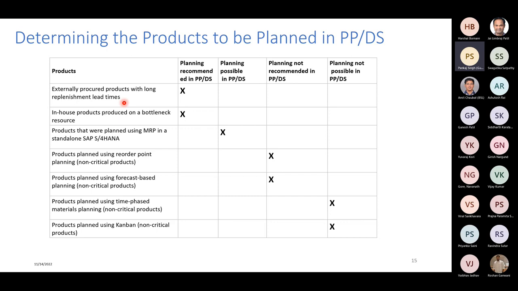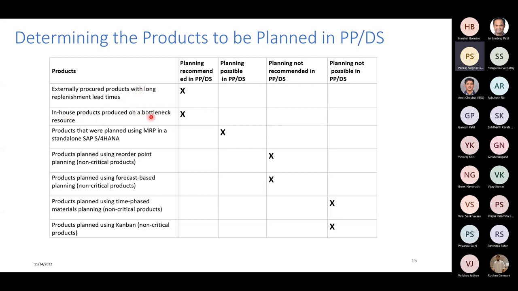Even though my FG might have 3-4 components, we don't necessarily want to plan all 4 components in PPDS. Out of those 4 components, we can choose to plan only 1 or 2 which have the long lead time. The rest of the 2 components can still be planned in S4 using MRP. How this works, we'll talk about when we look at the planning results, and at that point in time we can cover this topic as well. But as a guidance, long lead time components should be planned in PPDS.